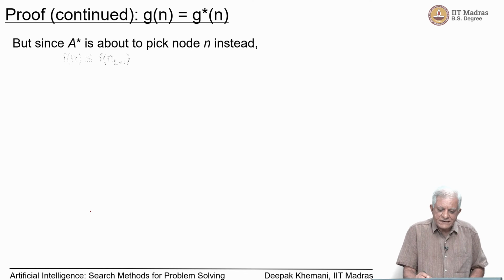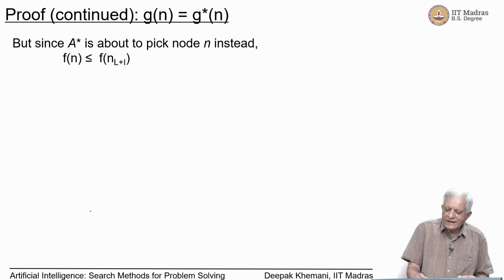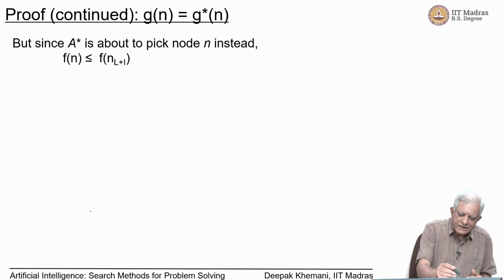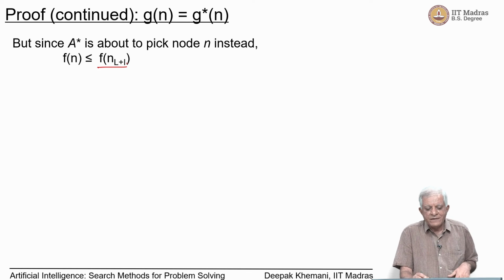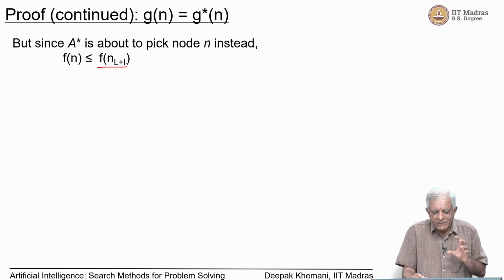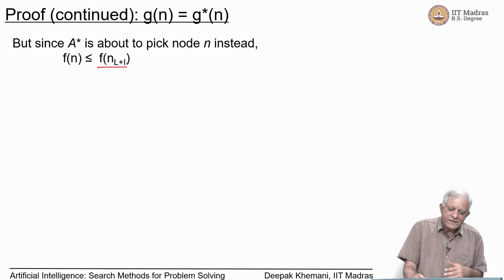But since A star is about to pick node n instead of n_{L+1}, we said that this node n_{L+1} is on the optimal path to n, but without having looked at n_{L+1}, A star is about to pick n essentially.